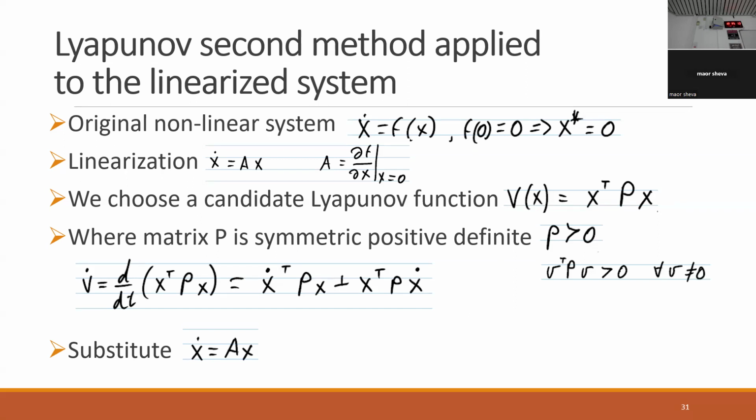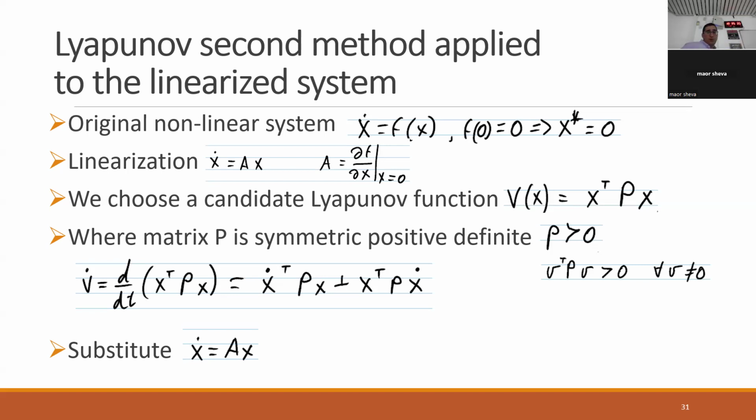So it means that P is symmetric positive definite, and that means that the quadratic function x transpose Px will be strictly positive for every x except x equals 0, where V is 0.